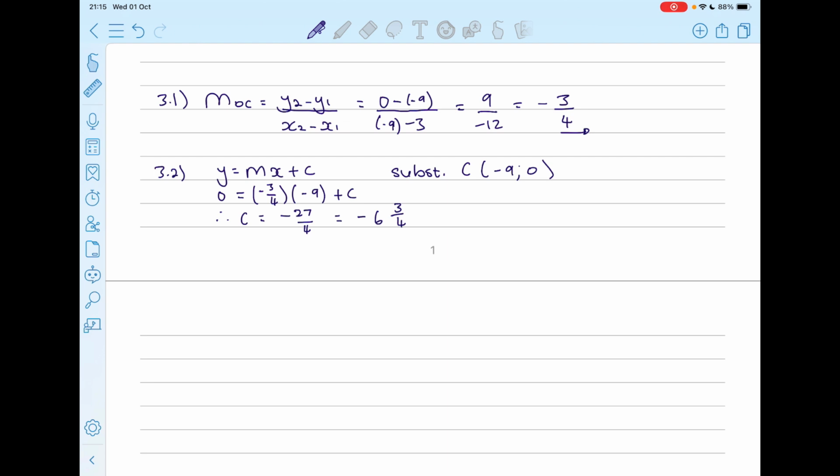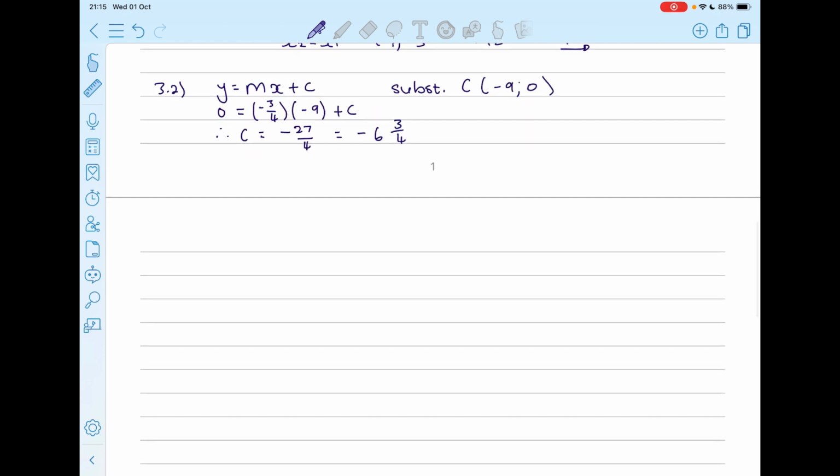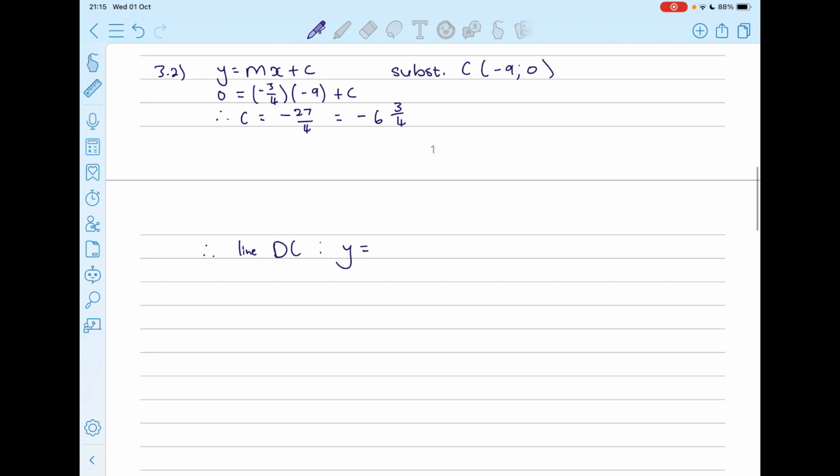But I'm just going to work with the improper fraction. Okay, so now we have everything, so that means the equation of the line DC will be y is equal to -3 over 4 x minus 27 over 4. And that is our equation.